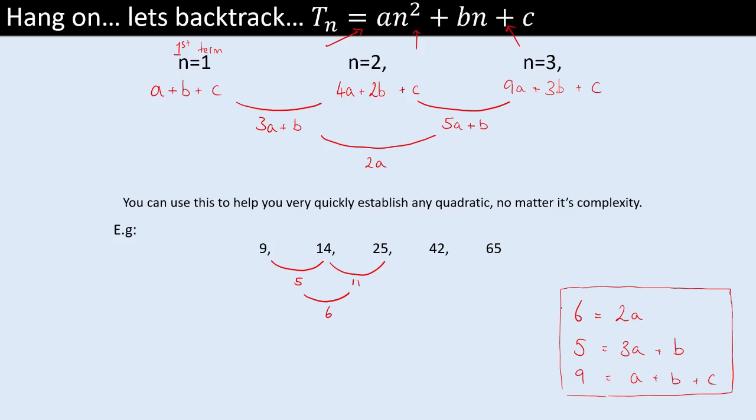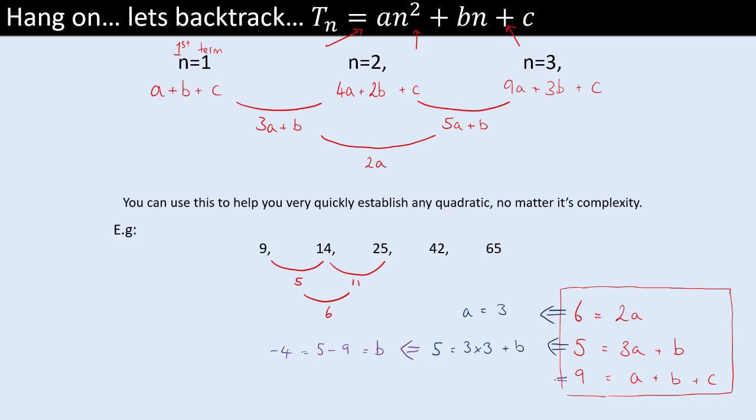Now, if I know that 2 times something is 6, I know that a is equal to 3. If I know that, then that means that 5 is equal to 3 times 3 plus b. 3 times 3 is 9. 5 take away 9 is equal to b. b is equal to 5 take away 9 equals negative 4.